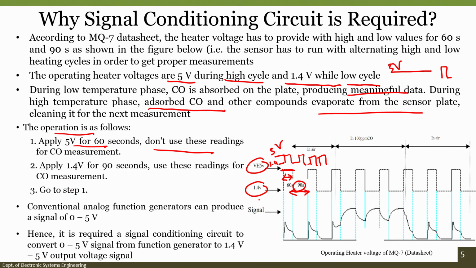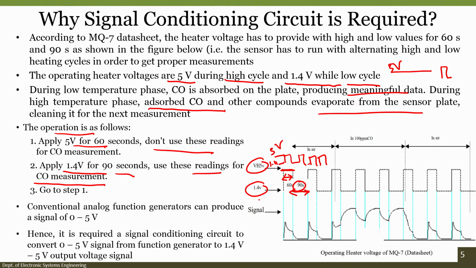But at lower temperature, when you apply 1.4 volts for 90 seconds, this is the reading which has to be captured in order to get accurate levels of CO captured by your sensor, and this process repeats. Now I hope you have understood the requirements of the MQ7 gas sensor.